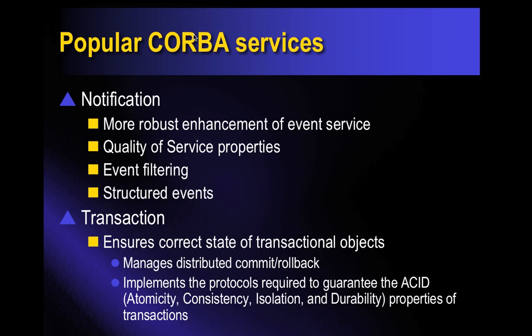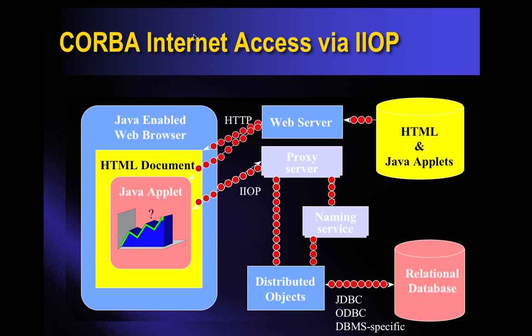And we went over the ACID properties yesterday as well, so I'm not going to review that. So here's our CORBA Internet access via IIOP: the Java-enabled web browser, our applet, going to the web server through the HTTP protocol, loading applets and HTML pages, going to a proxy server, using the CORBA services to look at the distributed objects and the naming services, and going into the relational database with an ODBC or JDBC kind of connection.